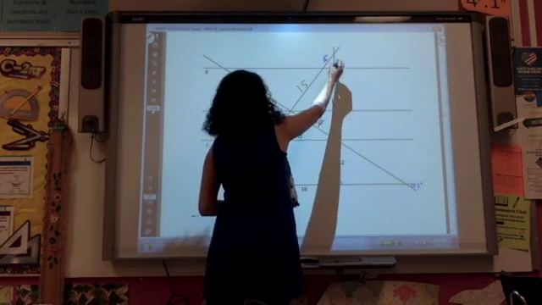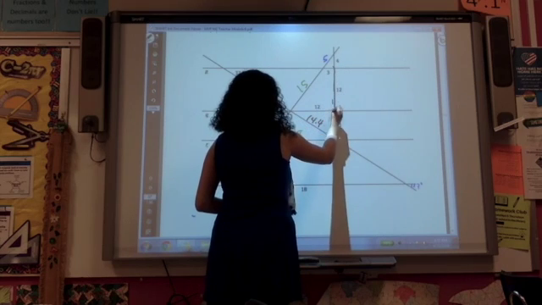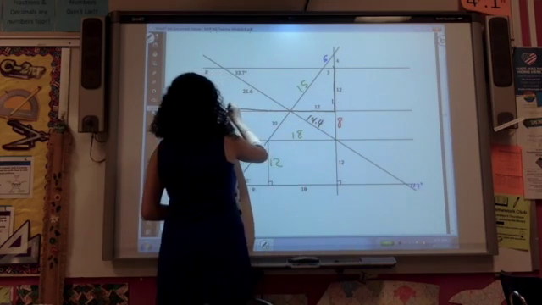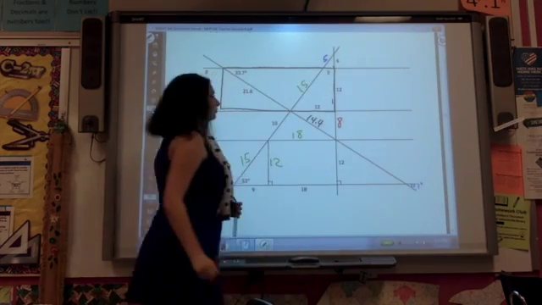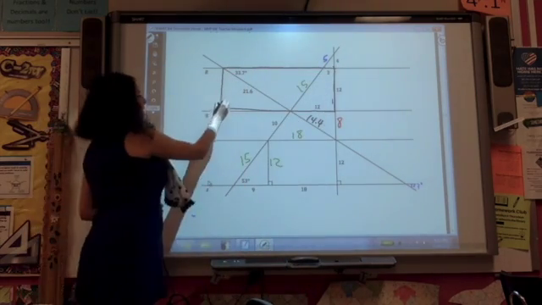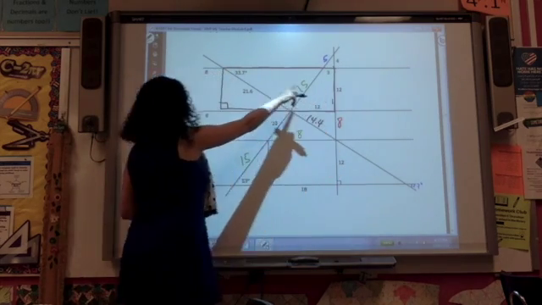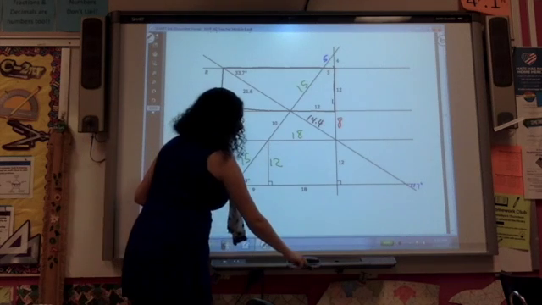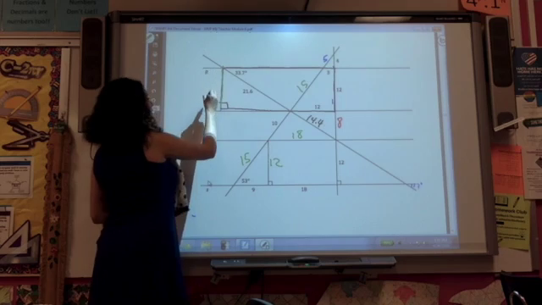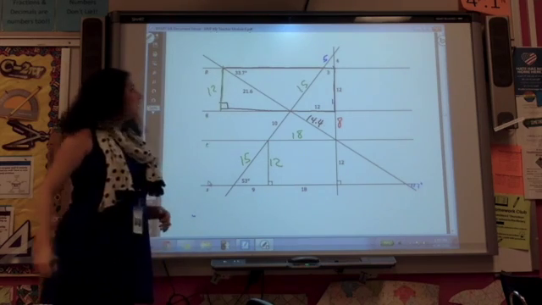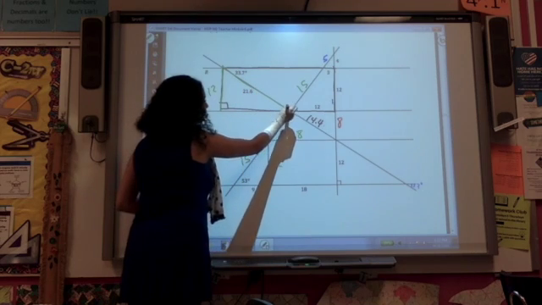Let's say this right here is a new rectangle, so I'm going to make this 90 degrees. If this side is 12, it must be the case that this side is also 12. And by doing that, I am creating another triangle.